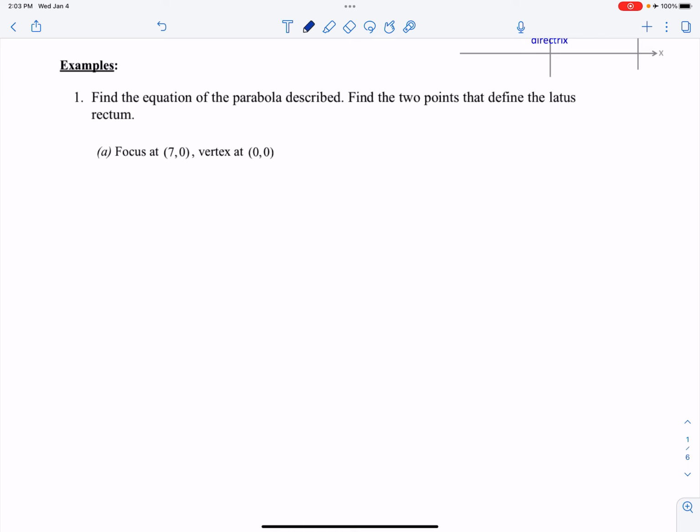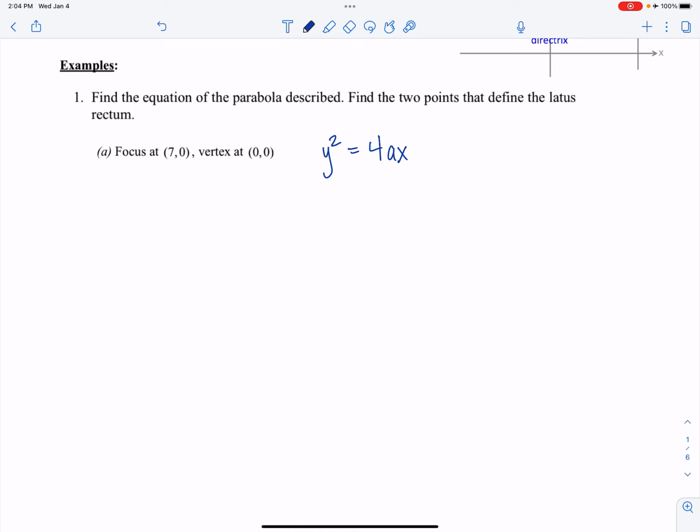So first, let's start with a general equation. We are going to start with y squared equals 4ax. And if you're unfamiliar with where this is coming from, please reread this section of the text and do the guided notes. It walks us through where we should be getting this general form.